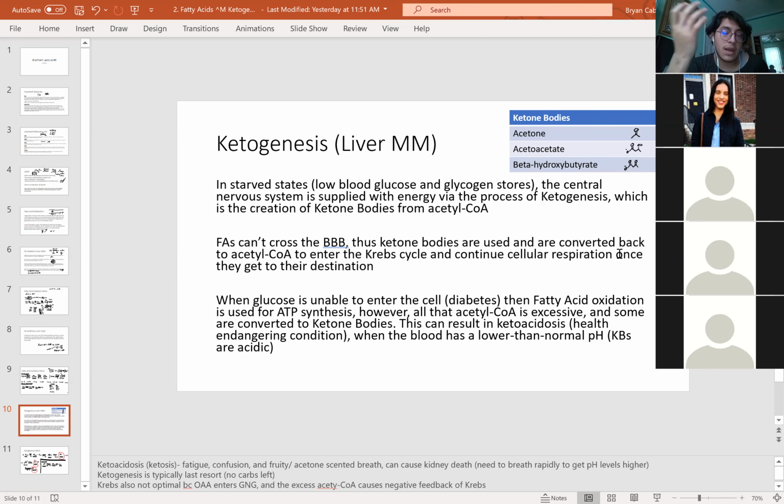It's the same thing as with lactic acid, right? If you have ketone bodies that are acidic just circulating around in your blood, then you're going to have a decrease in your pH, which is acidosis, and it's a bad condition.